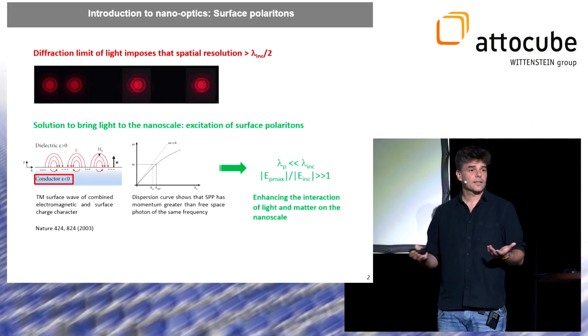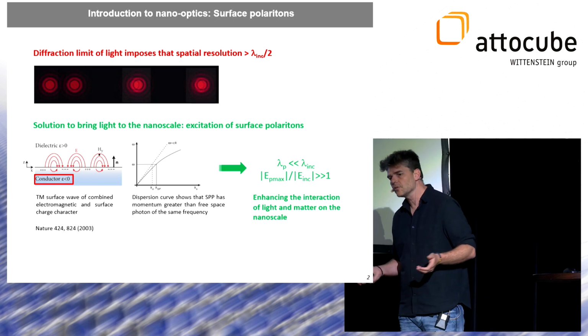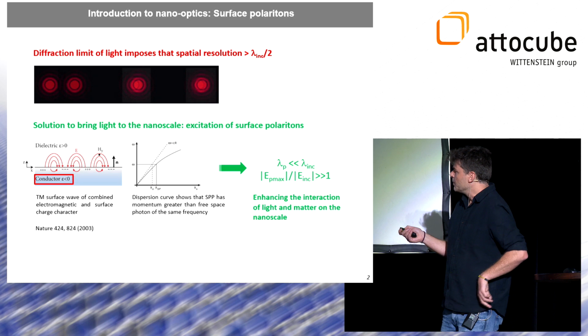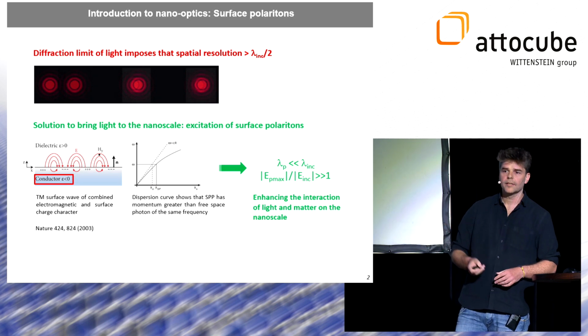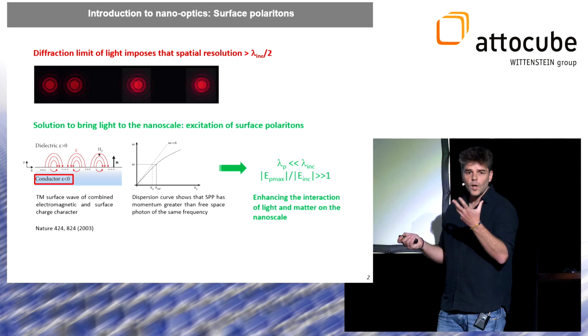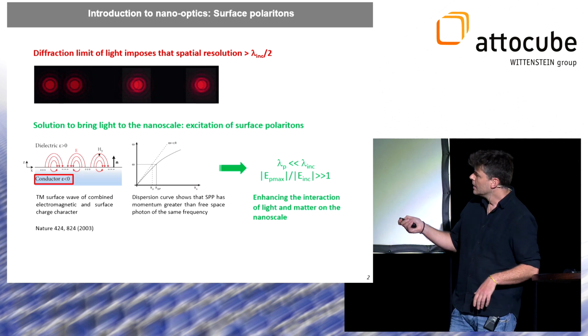So one solution is to excite a surface wave, which is a surface polariton. It's just a solution of Maxwell equations. It's an evanescent wave. And because of its character of light, as Dimitri has shown very nicely with the Hopfield model, its dual character of light and matter, it involves some excitation in matter.